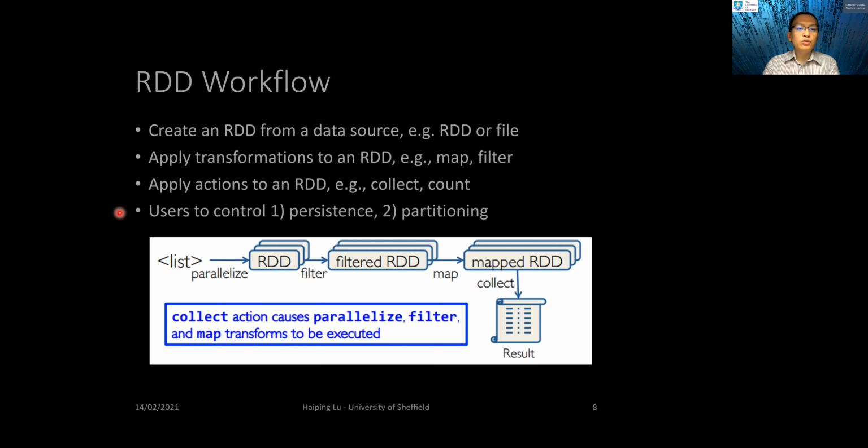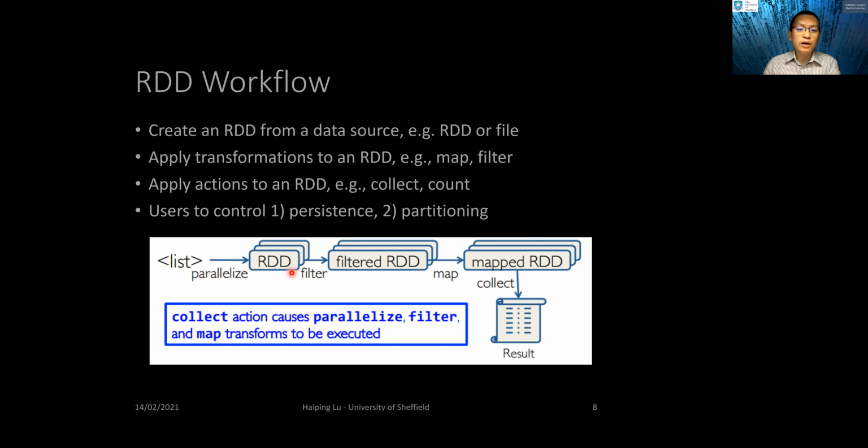In this workflow, as users, we can control the persistence of the data, and we can also control the partitioning of the data. Here is an example. Here is a Python list, and through a parallelize operation, we create several RDDs.